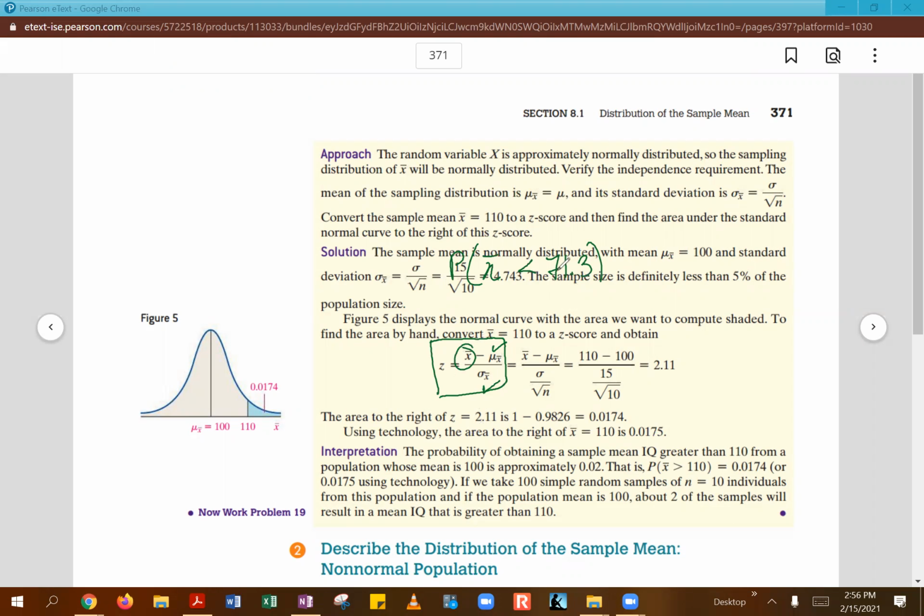So we need to first go ahead and calculate our Z-score. Once we have our Z-score, then we need to use the normal distribution table to help us find what that probability is going to be. So let's go ahead and write down this formula over on our homework side, and let's take a look at it.